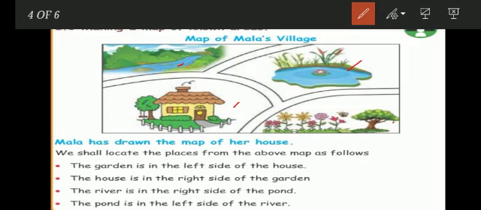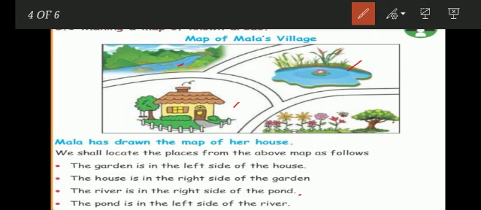The house is on the right side of the garden. The river is on the right side of the barn. The barn is on the left side of the river. This sentence they give us seeing a picture.